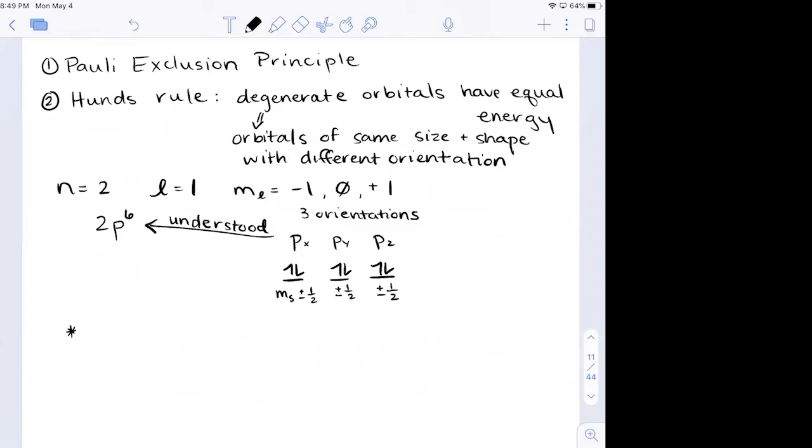Because the px, the py, and the pz are equal in energy, when putting electrons in these orbitals, one electron gets put in each orbital first, before pairing.